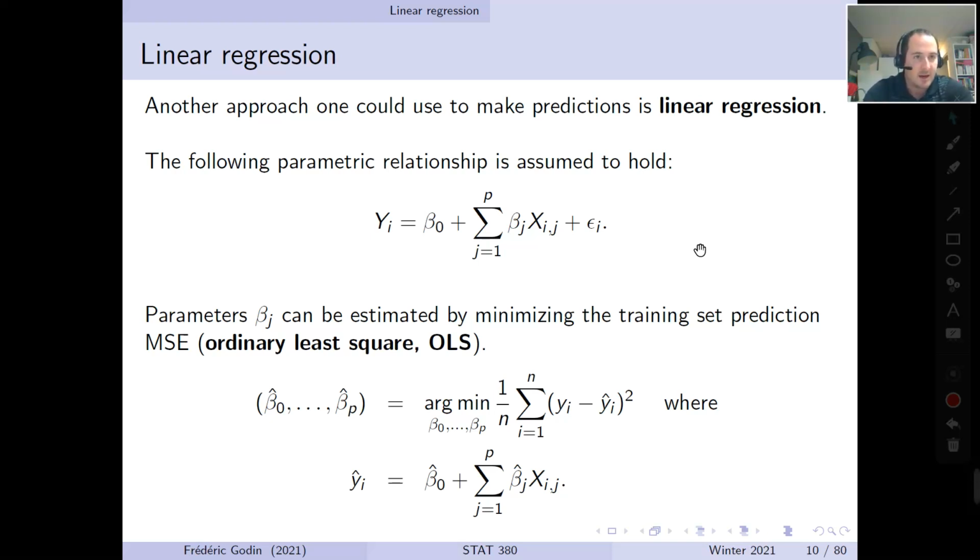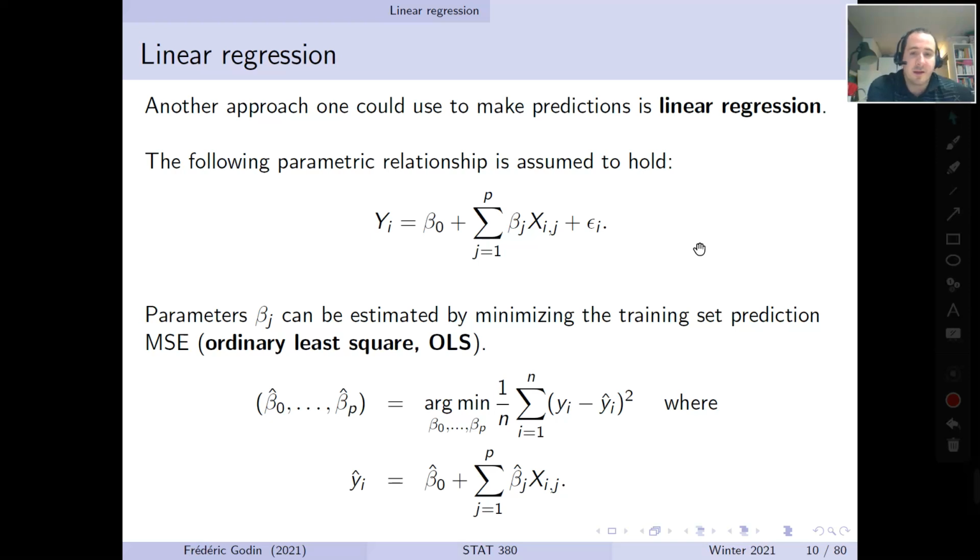If you didn't, it's not the end of the world, but you will have to go through the ISL textbook, and there's a chapter, I think it's chapter 3, which covers linear regression extensively. So you'll have to go through this chapter to understand the material here. Please take the time to go to the relevant chapter in the ISL textbook and read it so that you can understand what we're doing here.